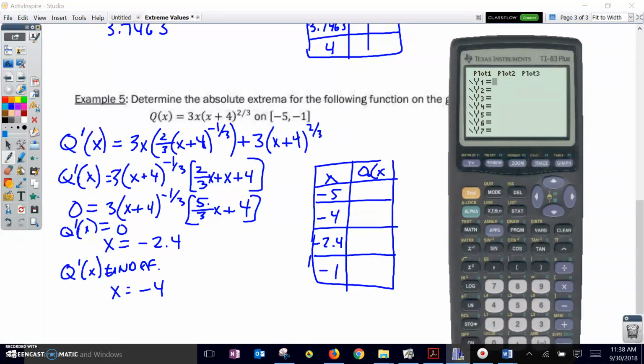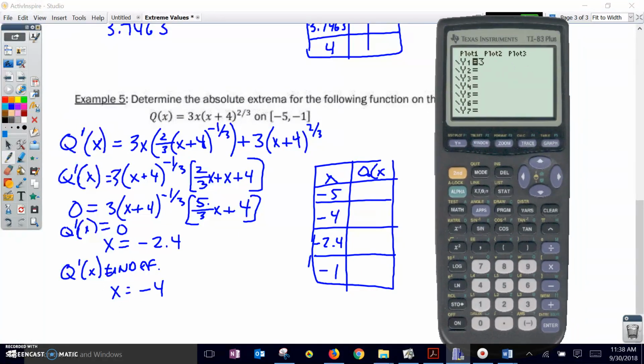So take the original function, 3x times quantity x plus 4 raised to the 2/3 power, right? And my table is still set to ask, so I'm going to go ahead and just type those values in.